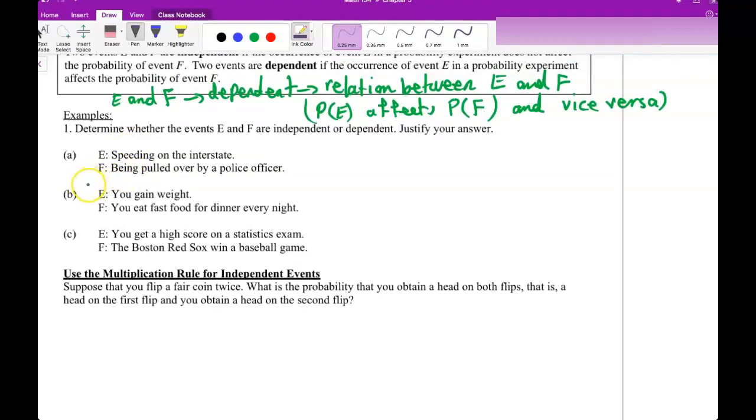And speeding increases probability of being pulled over, so this part is dependent, and the reason is speeding increases probability of being pulled over.